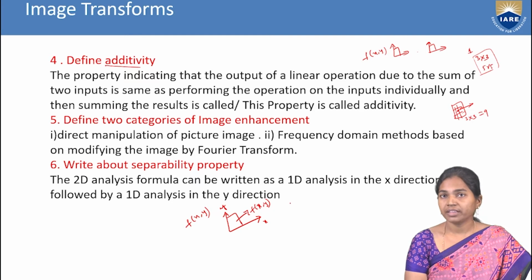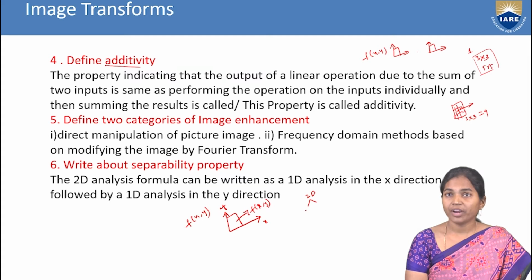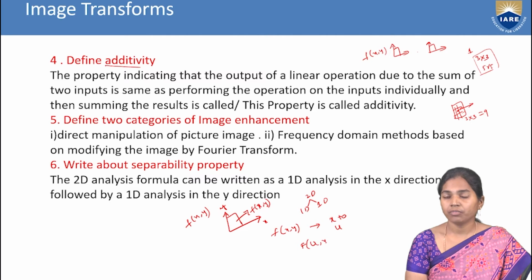First apply the separable property in the x direction. Then f of x comma y is converted from x domain to u domain, and the output is f of u comma y.